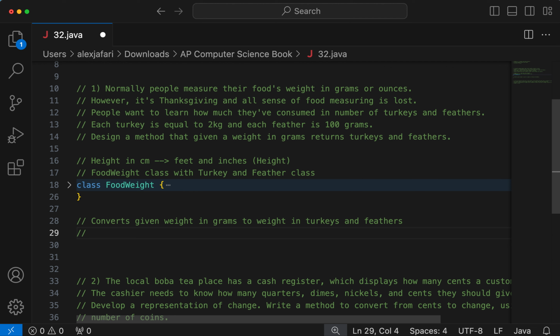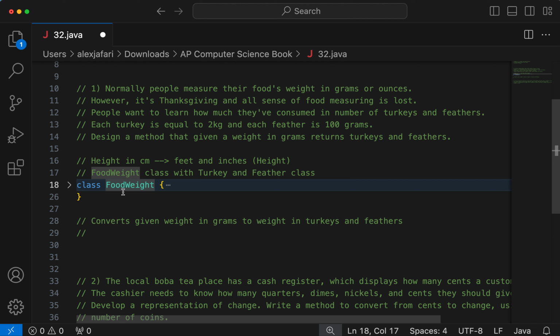So what are we taking in and what are we giving out? What is the input? We're taking in the food weight. So it's going to be an int. Not this food weight, right? No, not that one. Okay, so the given one.